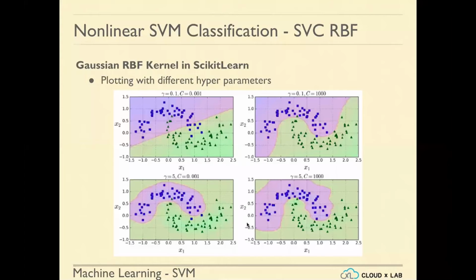A question from Deepak is, so C is to regularize in case it overfits? Yes. C helps us in regularization. Increasing gamma will overfit, and increasing C will regularize it.